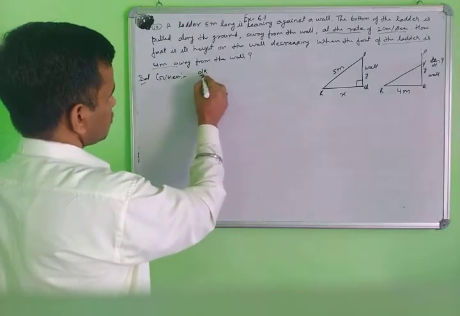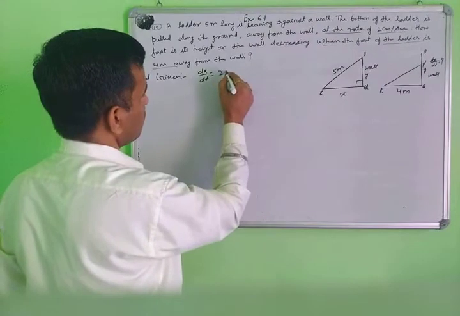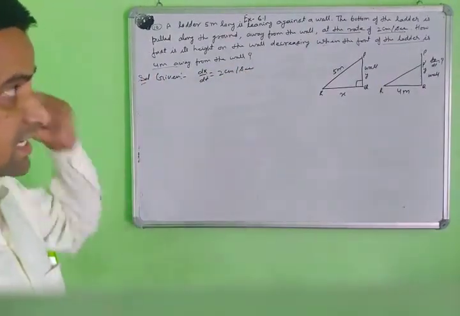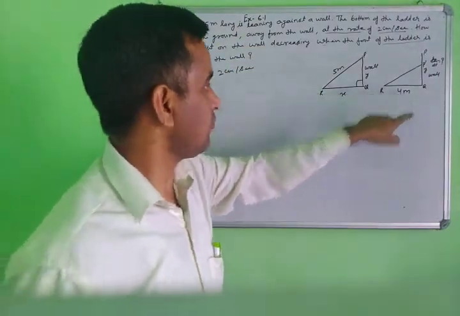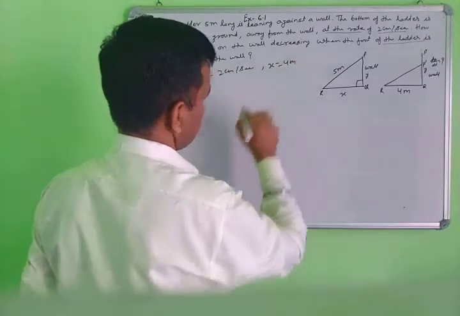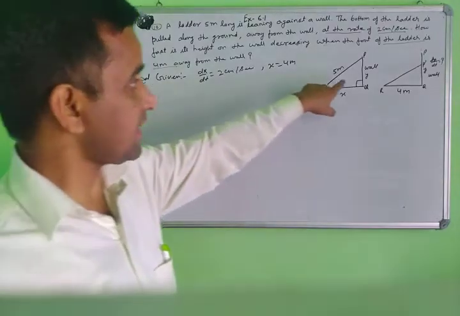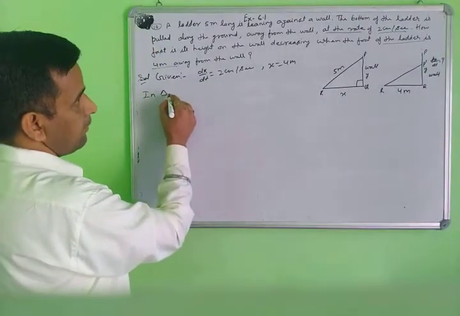First, dx over dt is 2 meter per second. Second, the value of X is 4 meter, X equals 4 meter. Second thing, this is a right angle triangle PQR.